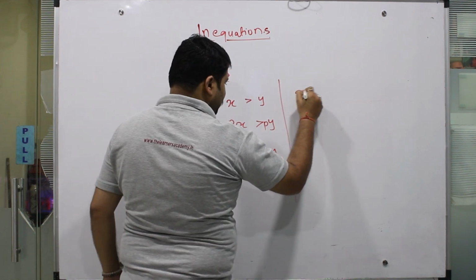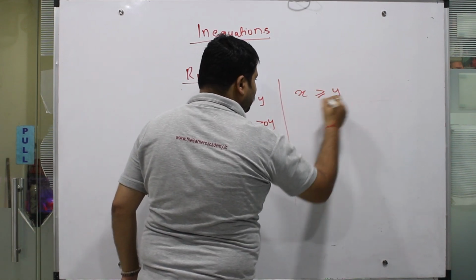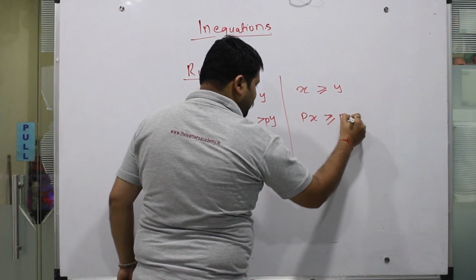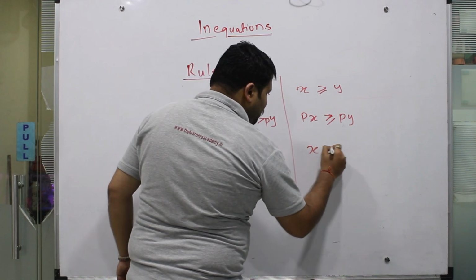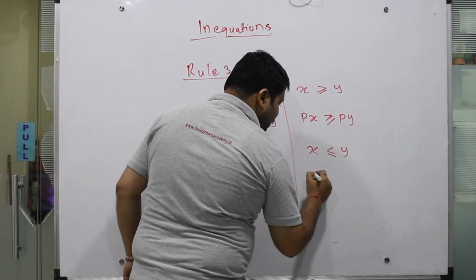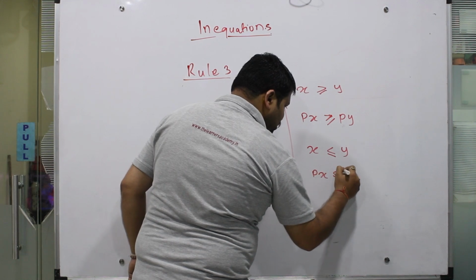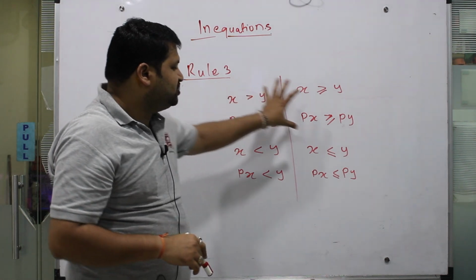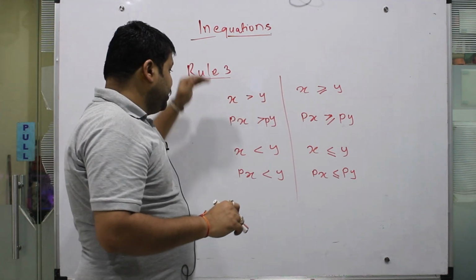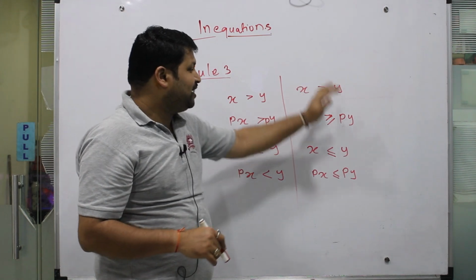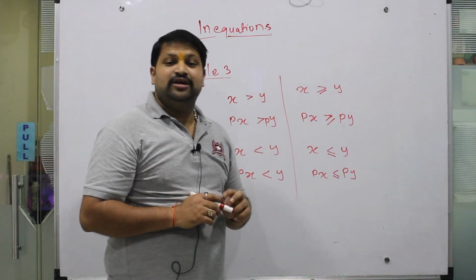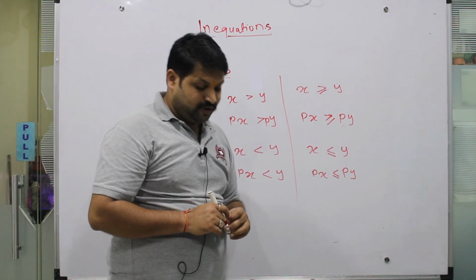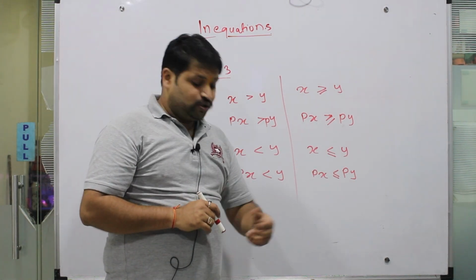If x is greater than or equal to y, then Px is greater than or equal to Py, and if x is less than or equal to y, then Px will be less than or equal to Py. So, in all these conditions, what do we see? If you take a positive number p and you multiply it out, then the sign in the final part would not actually change. Now let us go ahead to the next rule.